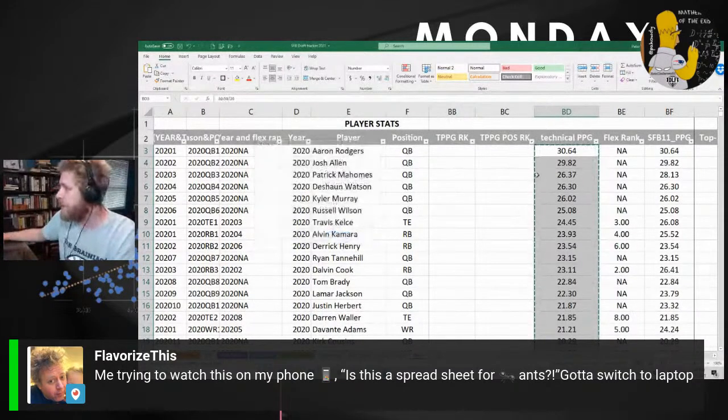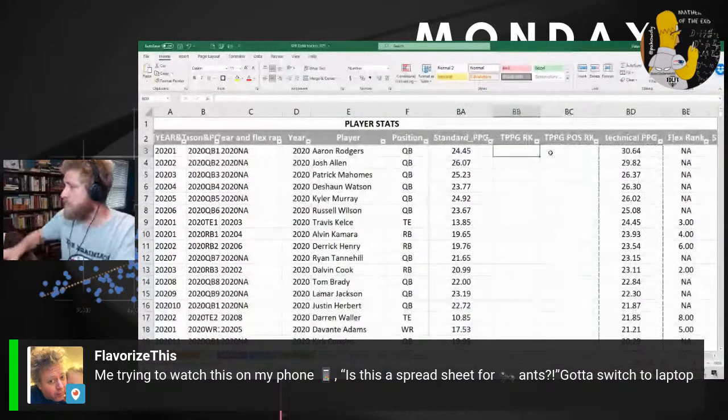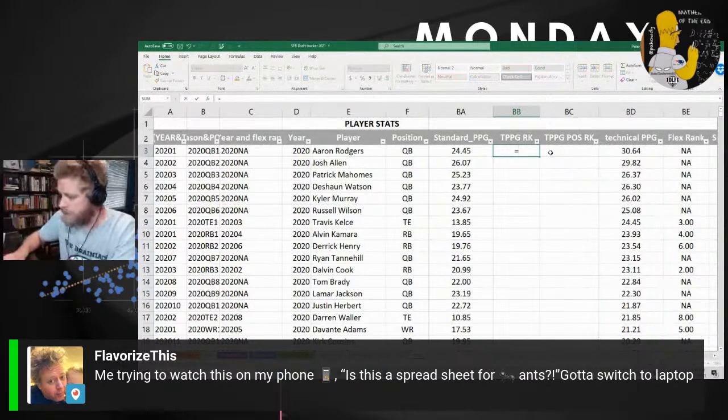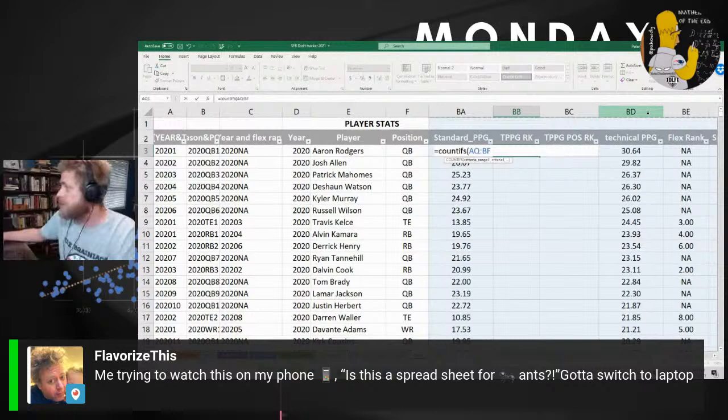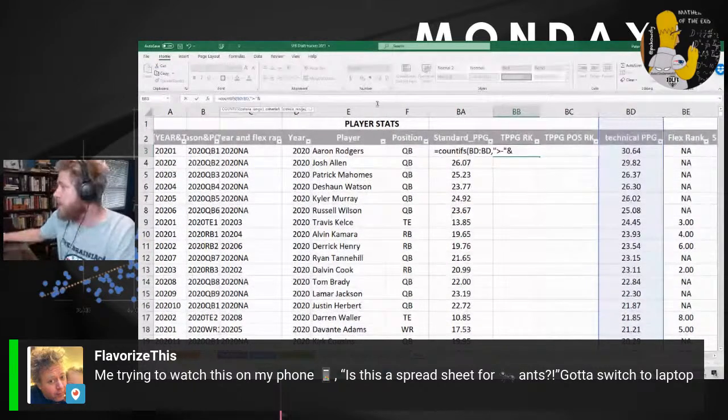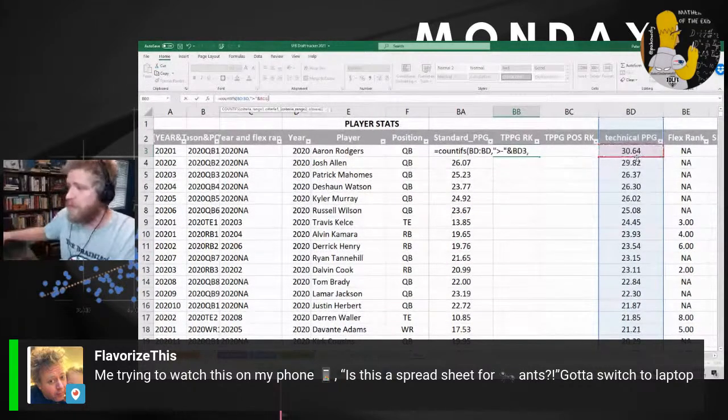I miss my hotkeys. Count if S, E, greater or equal to this year.